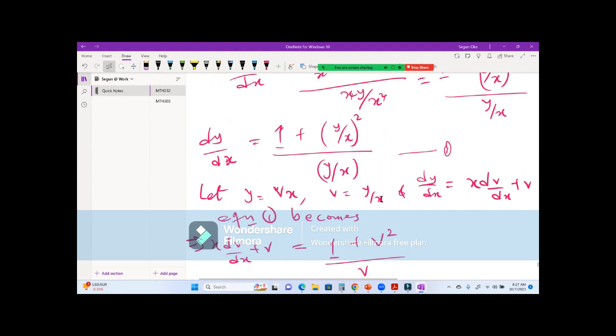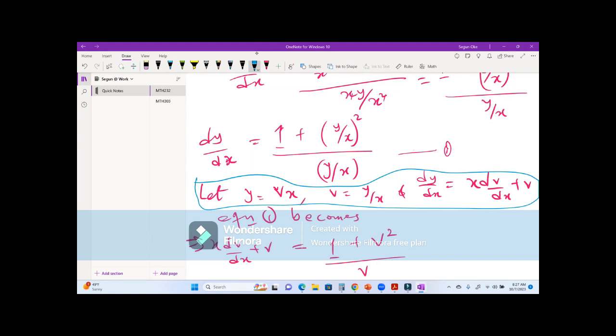And I know my y over x is being represented by v, this is my representation here. Are you getting it now? Anywhere I see y over x, I will represent them with v. Anywhere I see dy/dx, I will represent them with this.